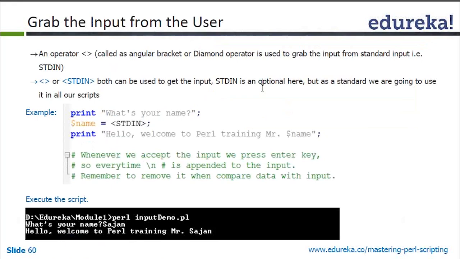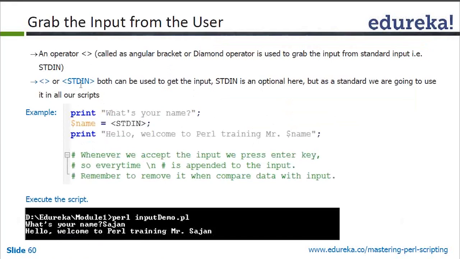Now we'll go to the next slide. Grab the input from the user. This operator, angle brackets open and close, the diamond operator, is used to grab the input from standard input, that is called STDIN. It is very much similar to scanf.